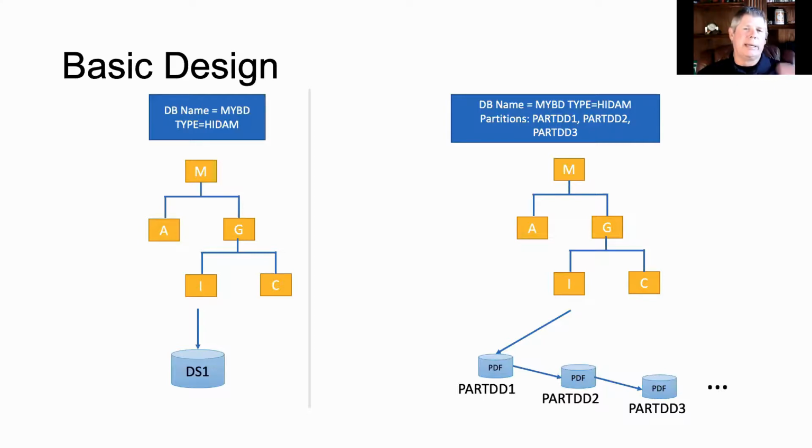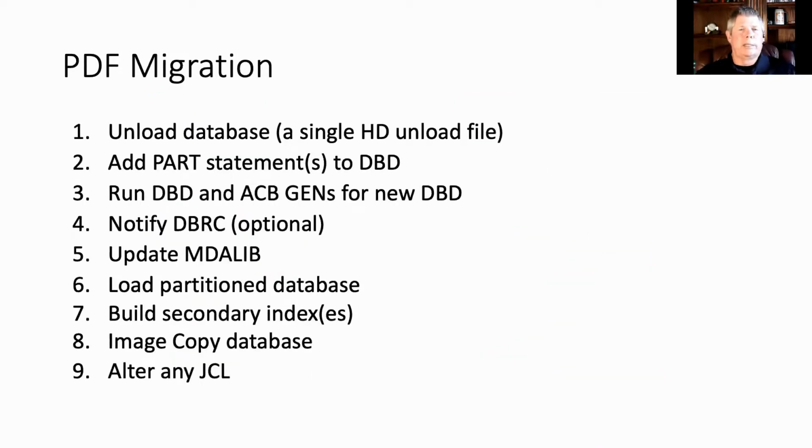Well, it can be an HDAM database with multiple partitions, and really the only thing you change is you just add the DBT statements to add those on, and you're ready to go. So it's a very simple process and very simple way to get more data into your databases. So for PDF, basically you're just unloading the database, and of course naturally take an image copy ahead of time.